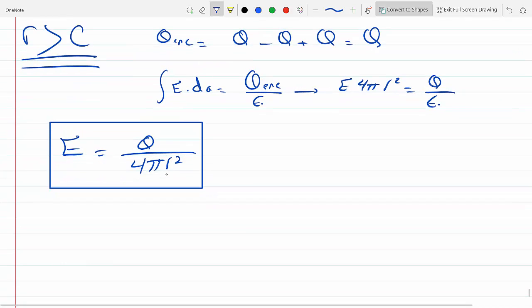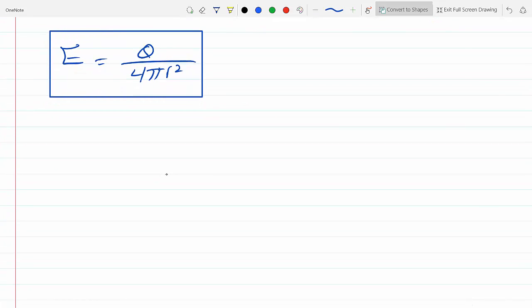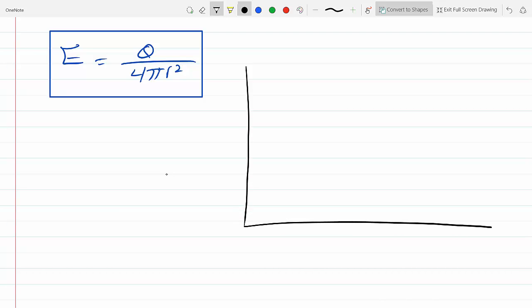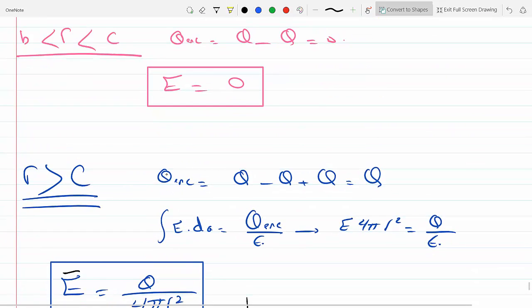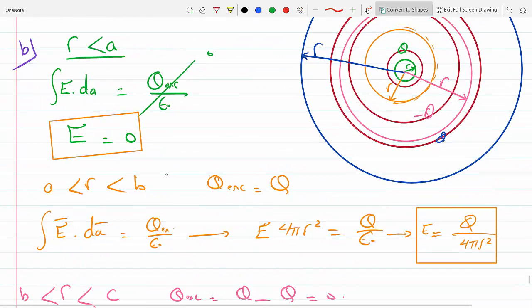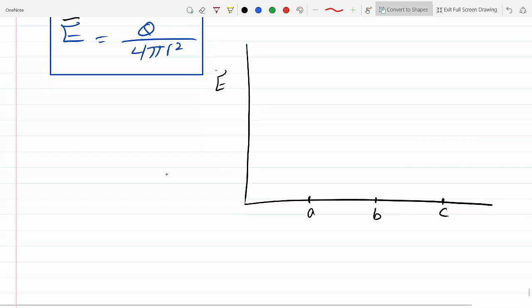And now that means if we do a sketch here, let's say that this is A, B, C, and here's the electric field. This is all in the radial direction, of course. We said that when R is less than A, E is 0.